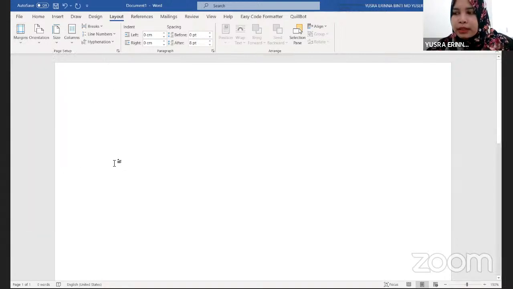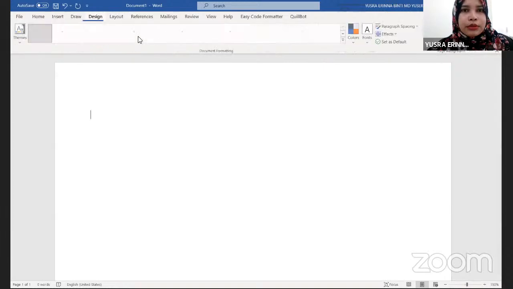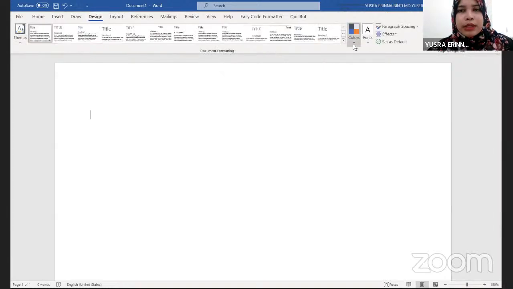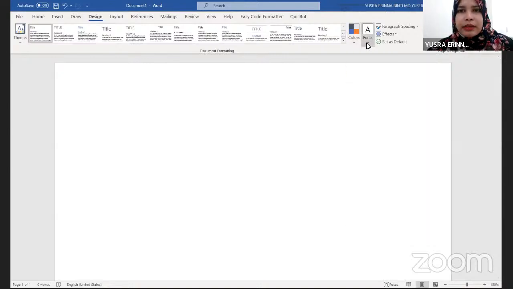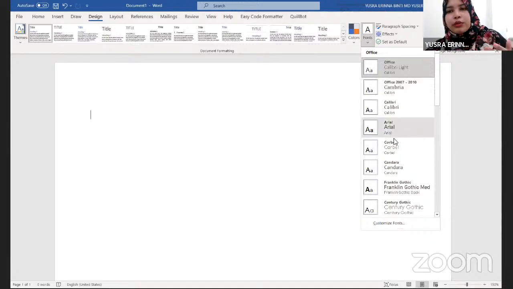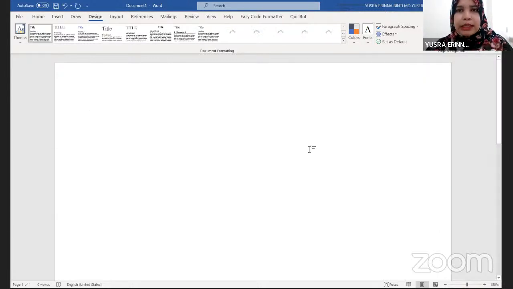Then it's up to you which design or which colors you want. For example, I'm going to use just this one, Office, and which font do you prefer? In my case, we always use Times New Roman.